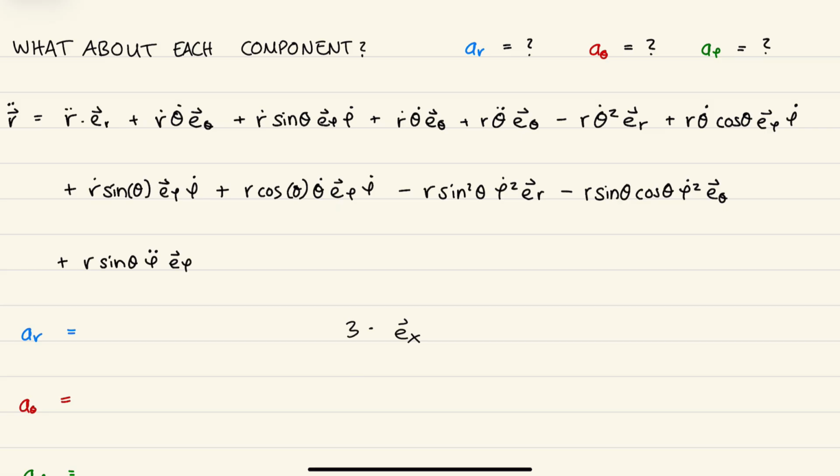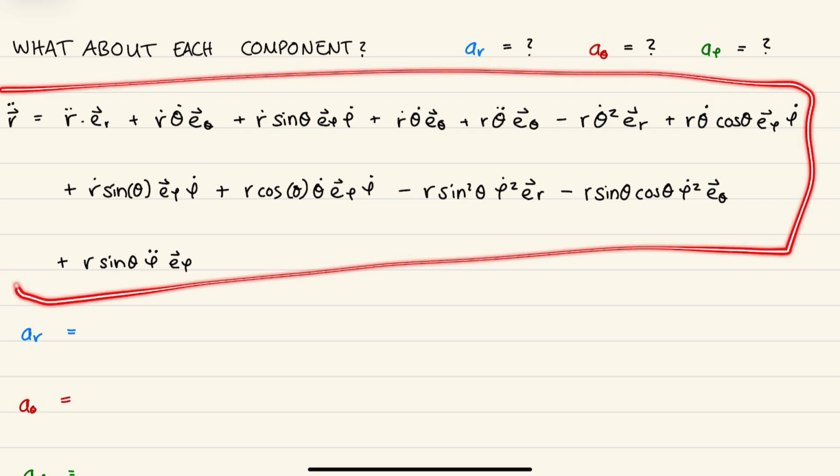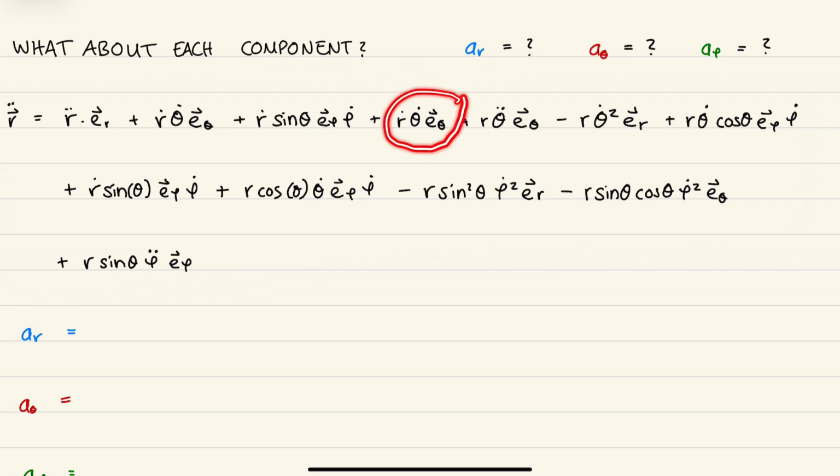And that's what we're going to use here. In order to find the specific components, we can simply sort this result by its unit vectors. For example, this one has e theta as its unit vector, so it points into theta direction and thus contributes to the theta component. So first, let's look for everything that has a radial unit vector.